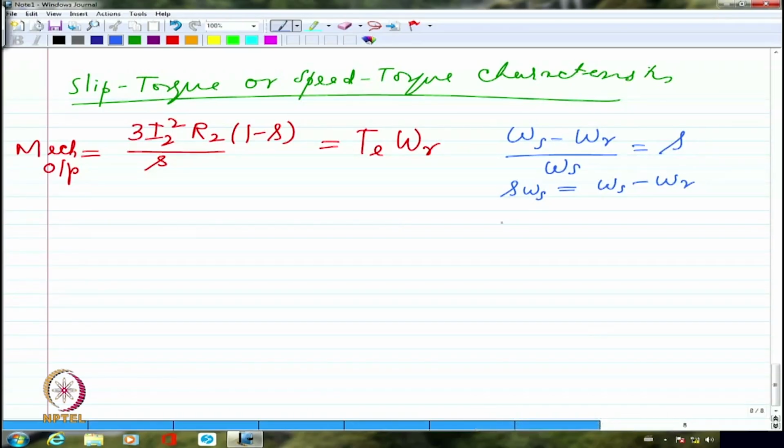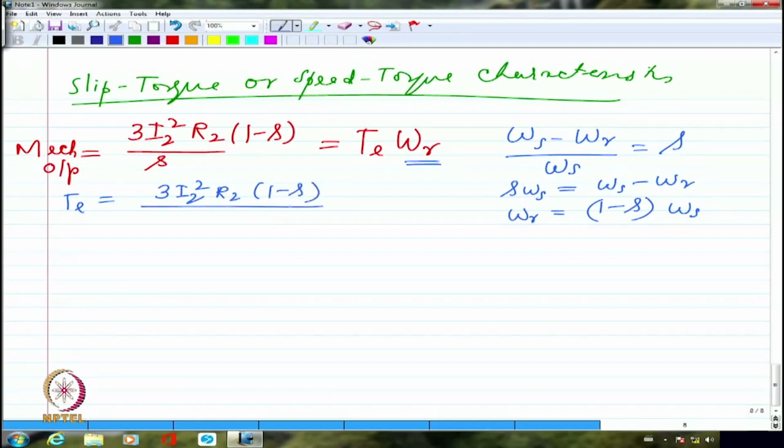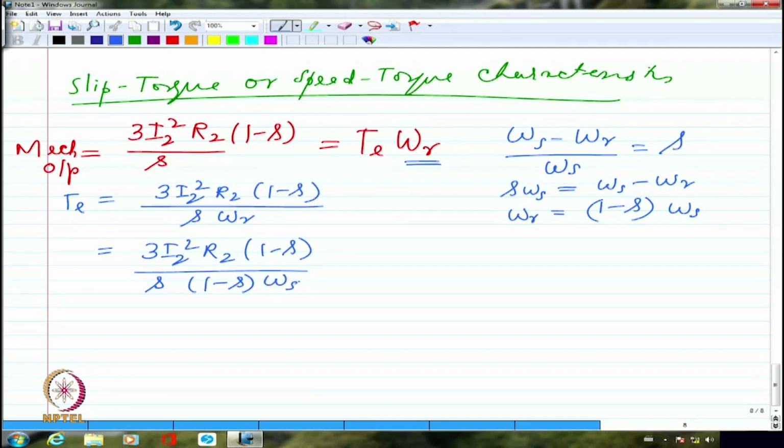Which means I can say omega R equal to 1 minus S times omega S. So, let me substitute this omega R here, from which I can write TE equal to 3 I2 square R2 into 1 minus S by S omega R. Which I can again write as 3 I2 square R2 1 minus S, and here I can write this as 1 minus S times omega S. Am I right?